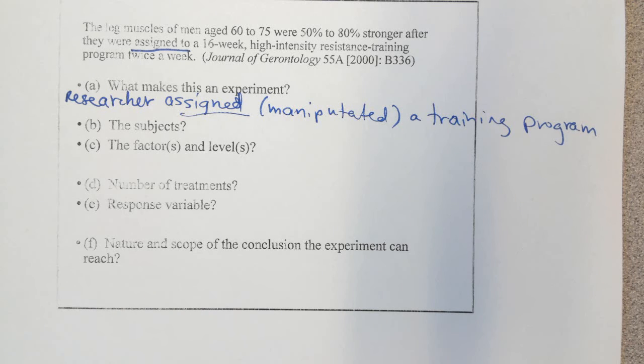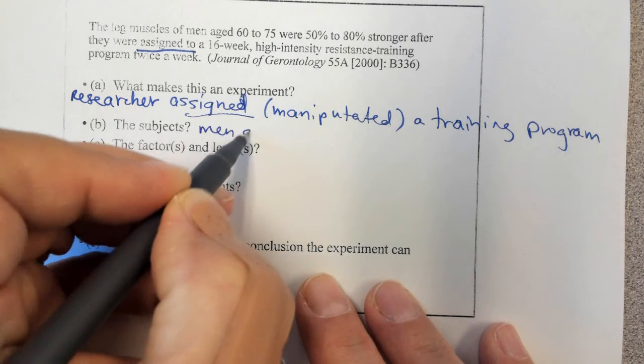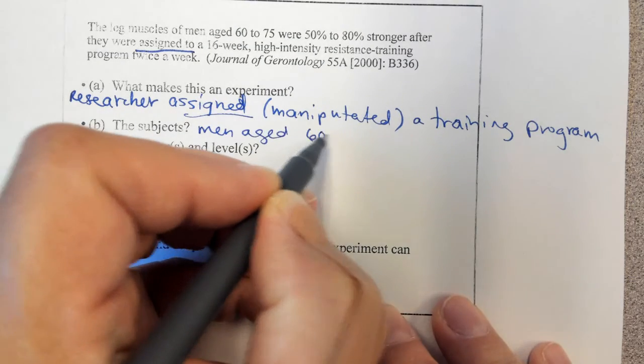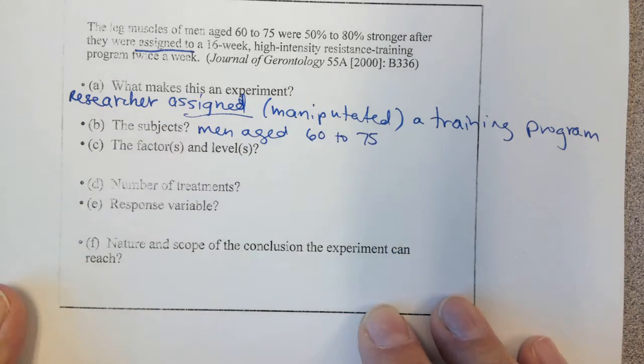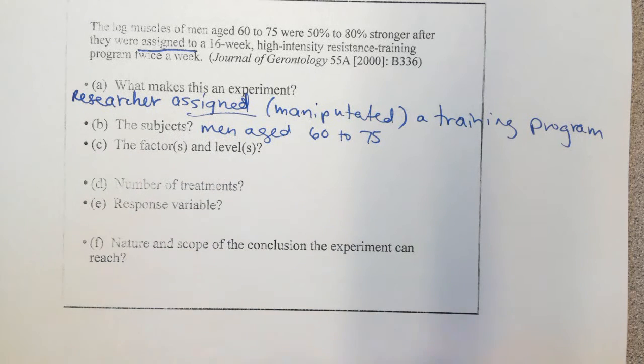Who are the subjects? Men aged 60 to 75. Okay. Guess who we can generalize this to when we're done? Men aged 60 to 75. That's going to be the scope when we're all done. Okay, the factors.